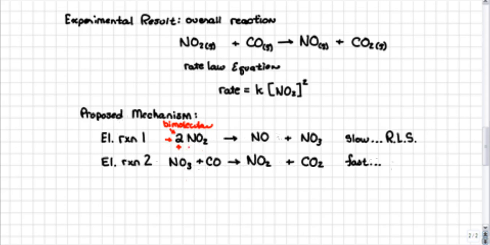And bimolecular steps are reasonable, and therefore I'm going to light that up with a happy face because elementary reaction number 1 has passed this test. Similarly, elementary reaction number 2 clearly involves 2 species and is therefore bimolecular as well. And it passes the first test.